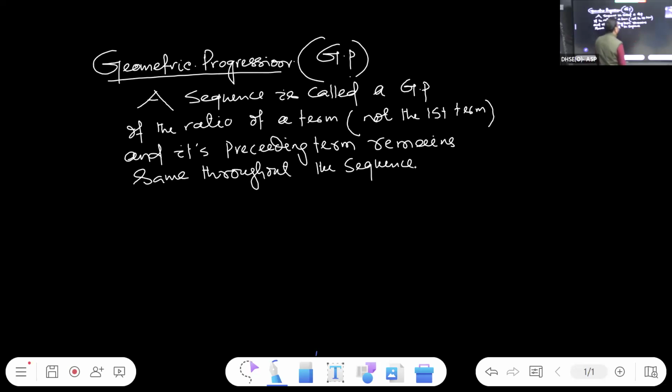A sequence is called a GP if the ratio of a term, not the first term, and its preceding term remains the same throughout the sequence.